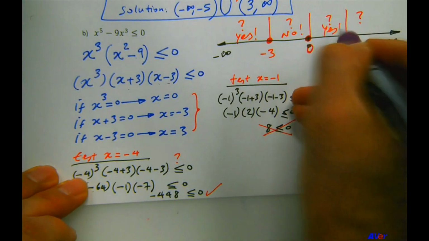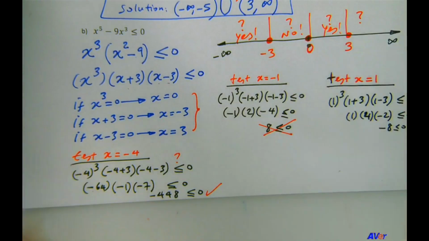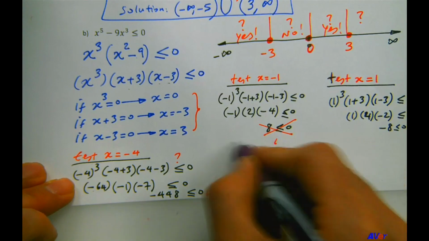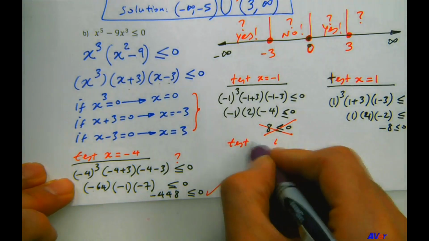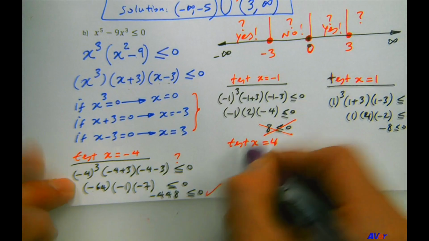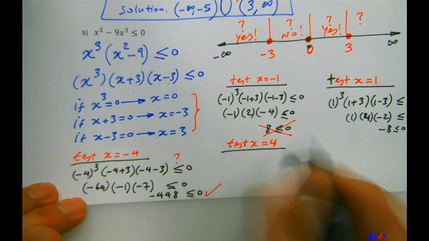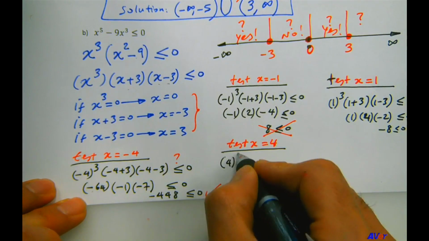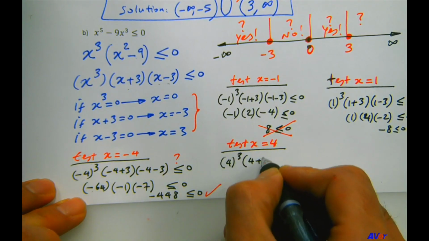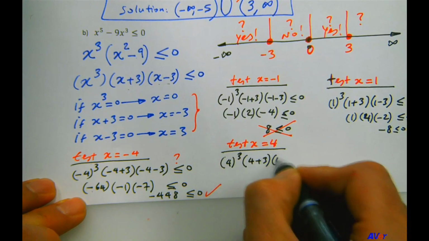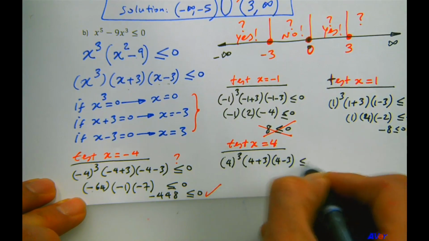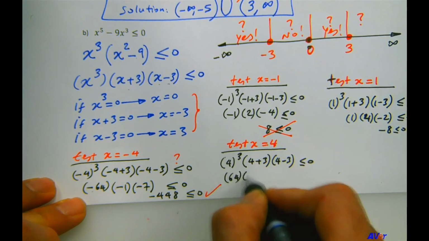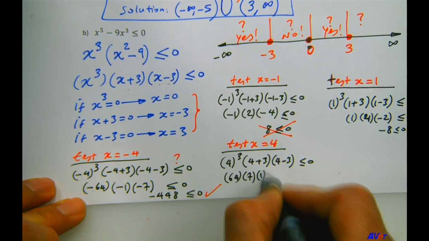Let's pick a number in that last region. x equals 4. Once again, we're plugging in here. So this would be 64 times 7 times 1.